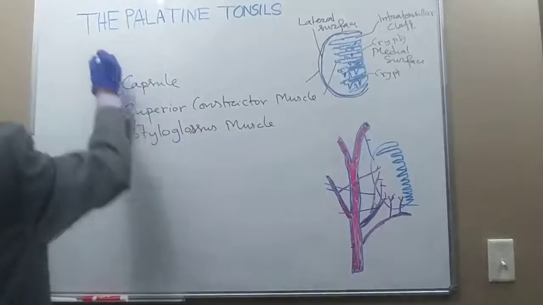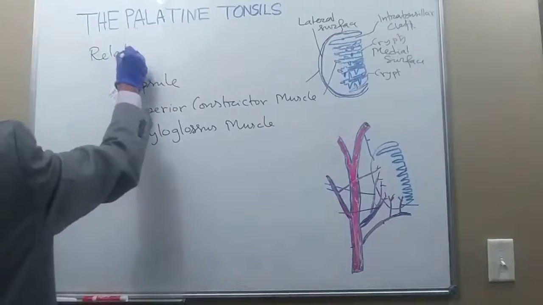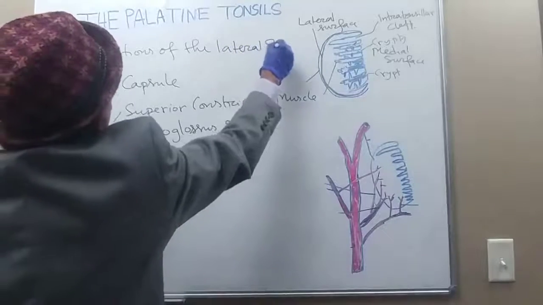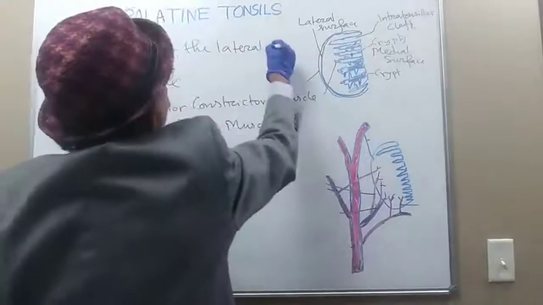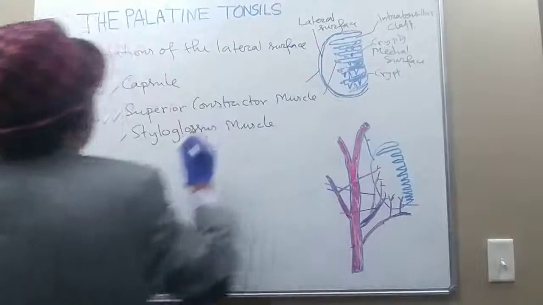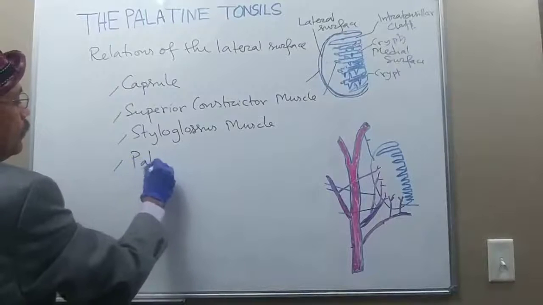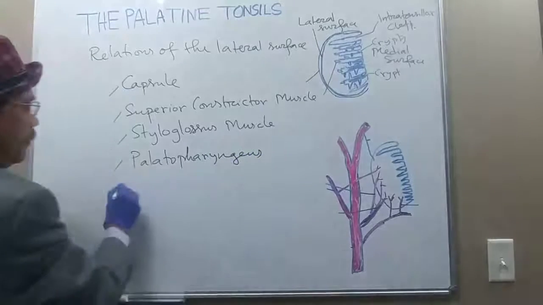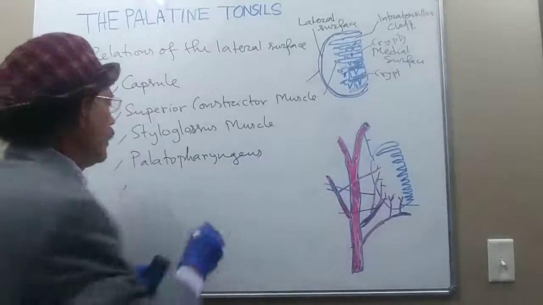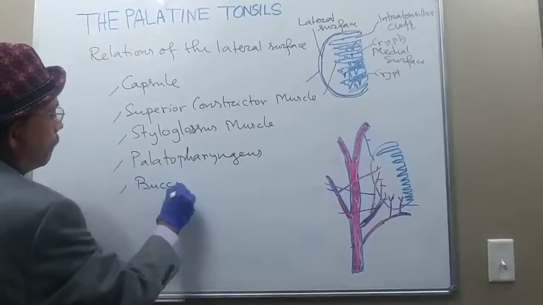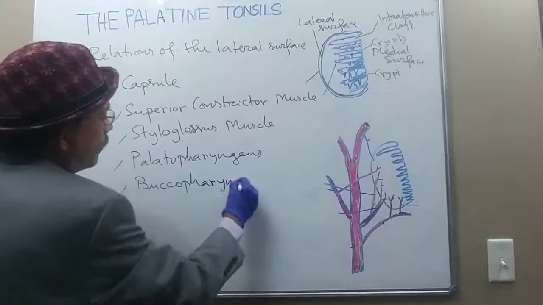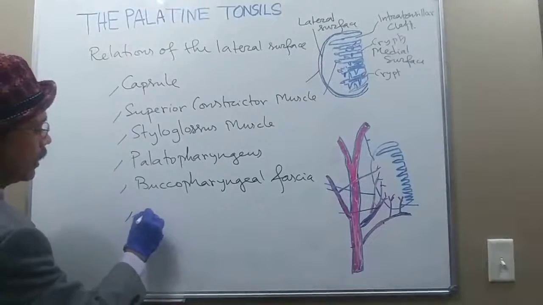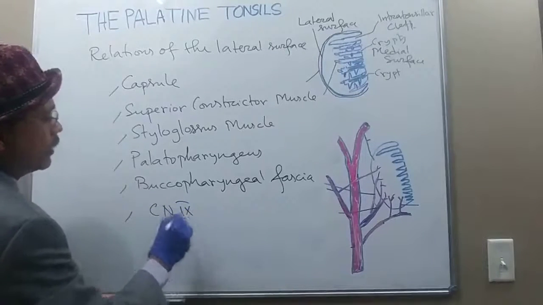If you go to the relations of the lateral surface, then we add a few more things: the palatopharyngeus, and we have to add the buccopharyngeal fascia, and certainly the ninth cranial nerve or glossopharyngeal nerve.